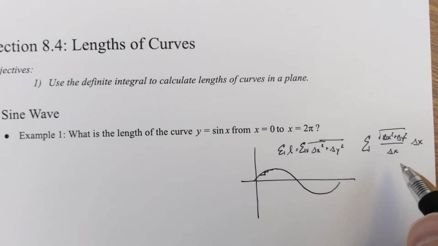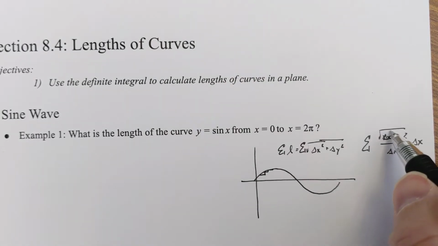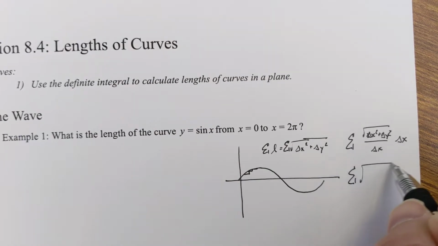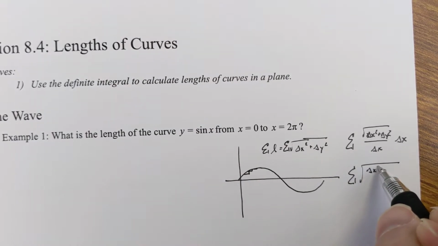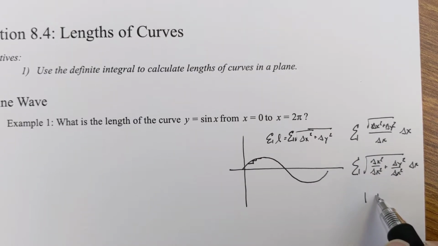Now this can be simplified, because if I square this guy, I can put him underneath the root as well. So that becomes the square root of delta x squared over delta x squared plus delta y squared over delta x squared, times delta x. Well, that's 1.